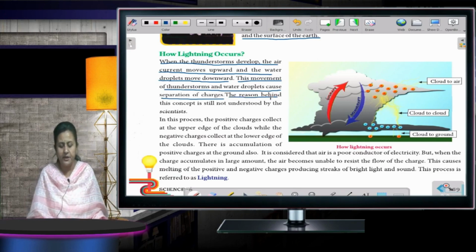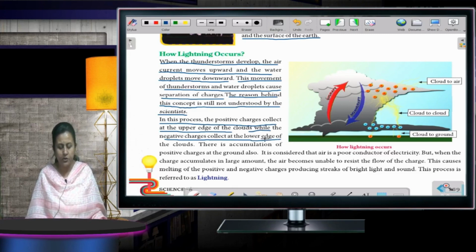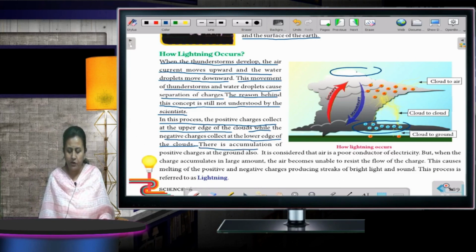The reason behind this is still not understood by scientists. In this process, the positive charge collects at the upper edge of the cloud, while the negative charges collect at the lower edge of the cloud. There is accumulation of positive charge at the ground also.